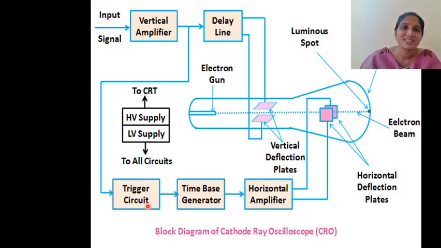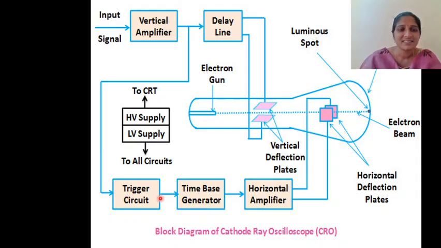If they are not synchronized, some amount of signal might be lost. In order to avoid the loss of the signals, you need to synchronize the vertically amplified signal and the horizontally amplified signal. So for that you are using the trigger circuit.